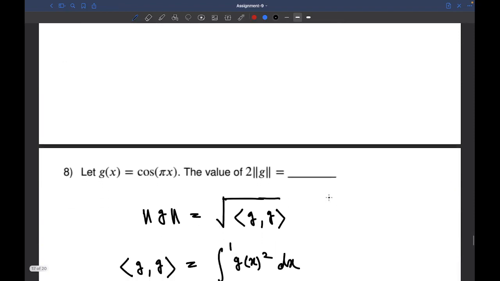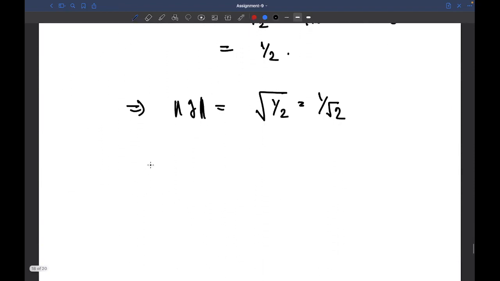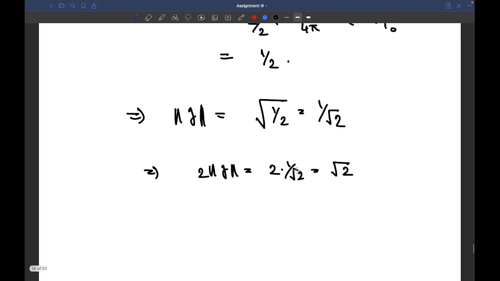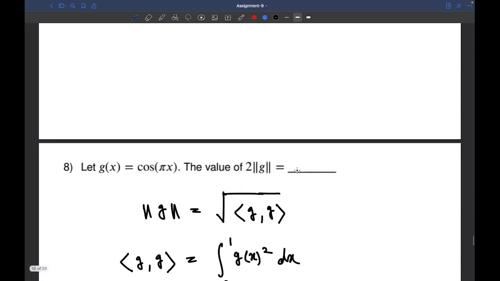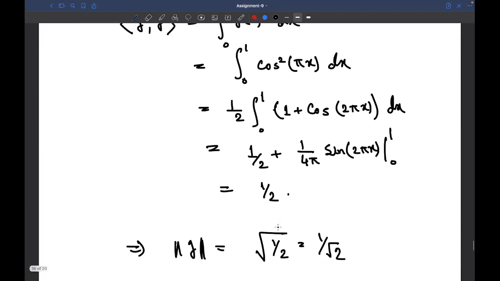And what we have to find is 2 norm g, which is 2 times 1 by root 2, which is root 2. So 2 norm g is root 2. Okay, question number 8 is done.